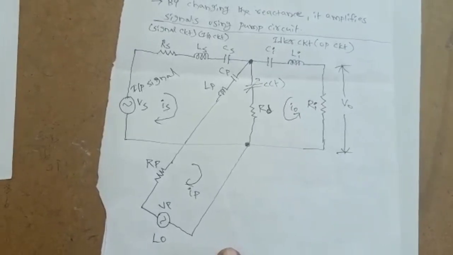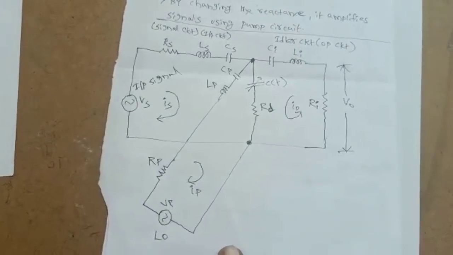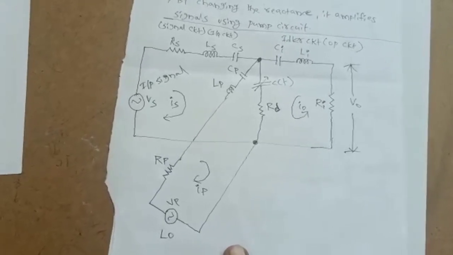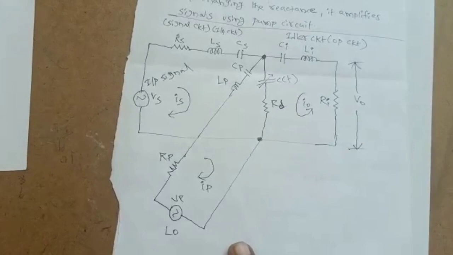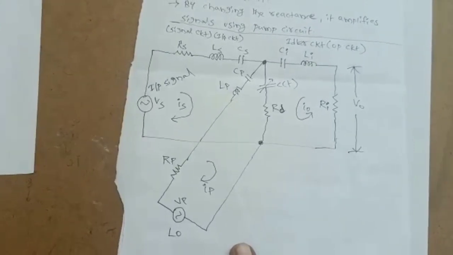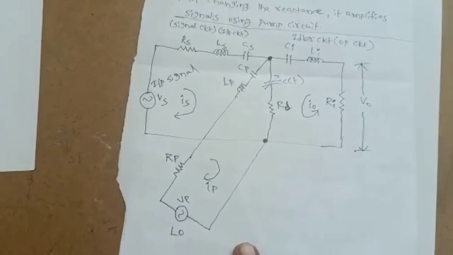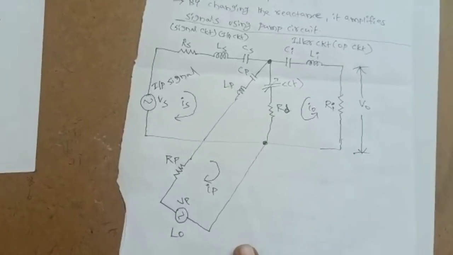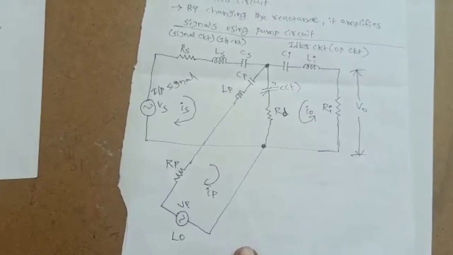Then it is going to give the required output frequency. The required output frequency may be Fs plus Fp or Fs minus Fp. This addition and subtraction depends on the variation of the capacitance of the varactor diode.